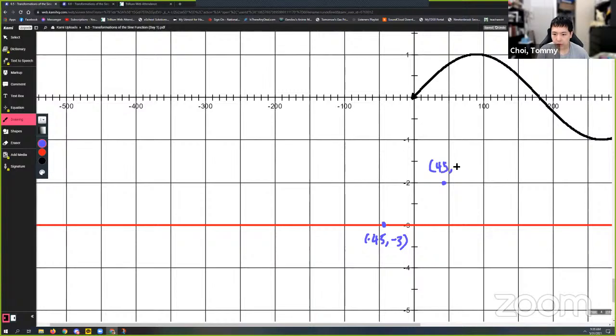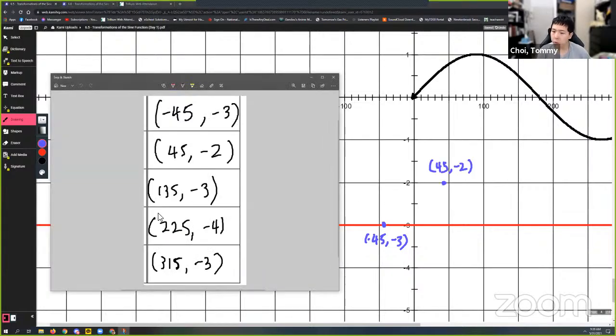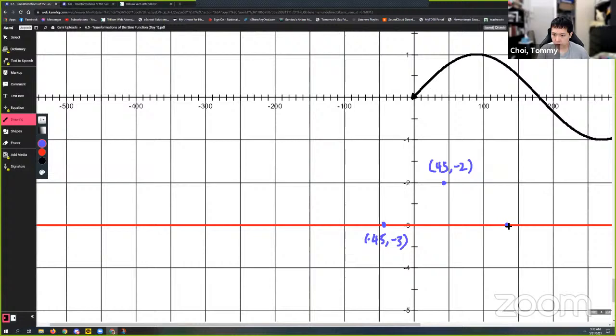So (45, -2). Our next point after that was (135, -3). So 100, 110, 120, 130, 135, and -3 somewhere around here. So that's going to be (135, -3).